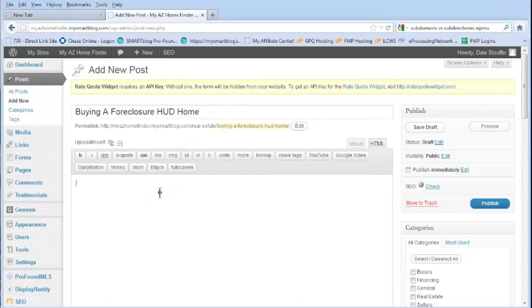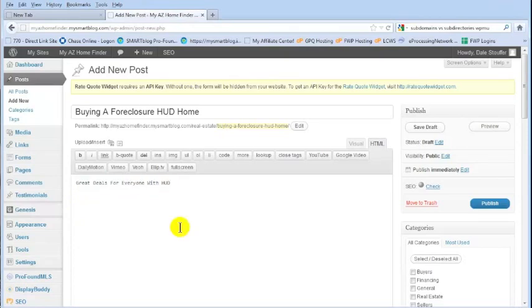What you don't want to write, I'm going to write it down here, is "great deals for everyone with HUD." Something like that. This specific title doesn't have any weight in the search engines for getting you found for the type of customer you're looking for.